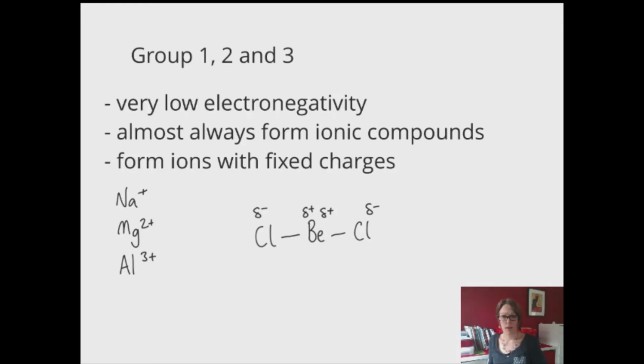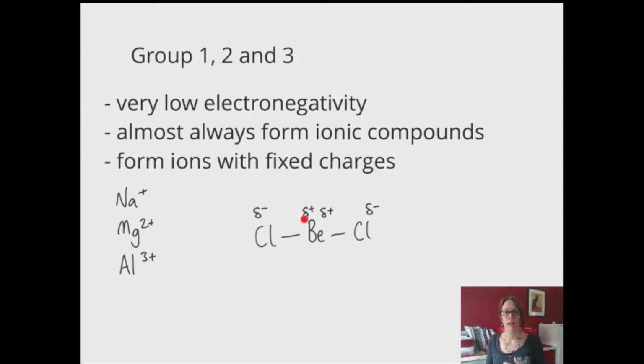There can only be 2 chlorines because beryllium is in group 2, so it only has 2 electrons in its outer shell. It doesn't form an ionic compound with chlorine because if you imagine that beryllium were to lose those 2 outer electrons, it's going to end up with a very, very positive 2+ ion with just 2 electrons. So it's got 4 protons and 2 electrons. So it has a very strong attraction to electrons, and therefore it does end up forming covalent bonds.